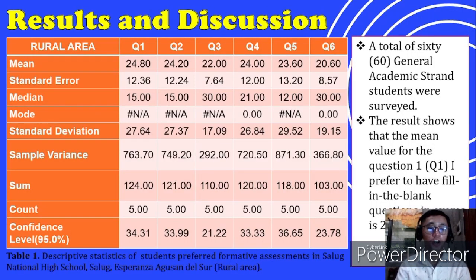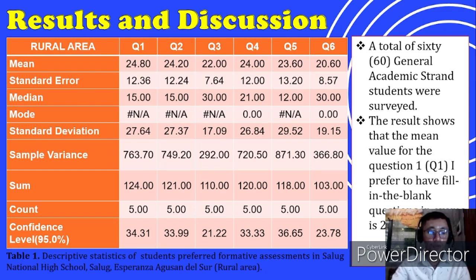A total of 60 general academic strand students were surveyed, 30 students from Salog National High School, Salog Esperanza, Agusan del Sur, which is considered to be a rural area, and 30 students from San Vicente National High School, San Vicente, Butuan City, which is considered to be an urban area. Table 1 shows descriptive statistics of students' preferred formative assessment in Salog National High School.